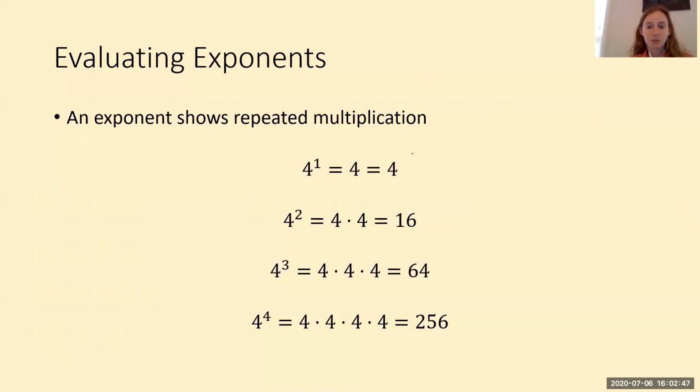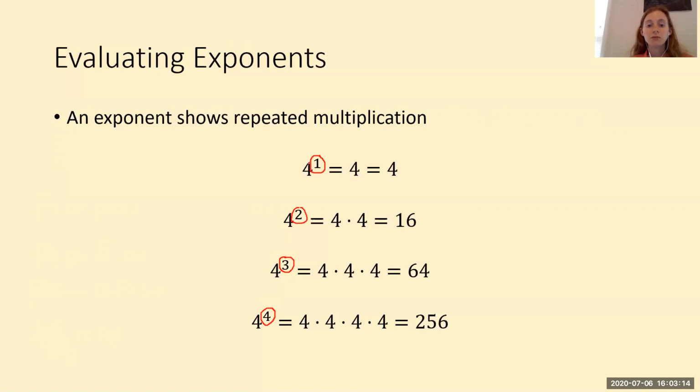And I have some examples on the screen here for you. So the exponent is this little number up above the main number here. So these little numbers are the exponents. You might also see an exponent called a power, or you might see it called an index sometimes. That's a little bit less common, but the most common names are either exponent or power.